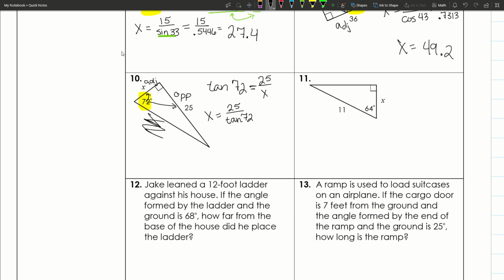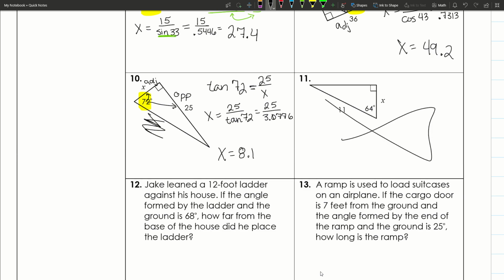So in this one, we have to use that 3. 3.0776. And I do 25 divided by 3.0776. And I end up with 8.1 for my length.